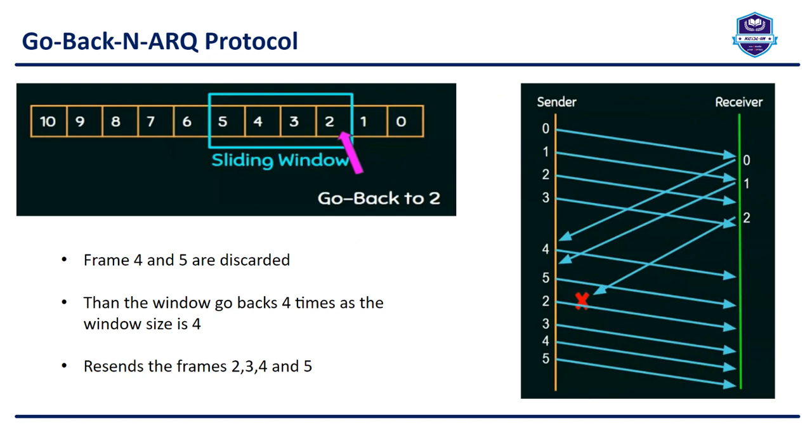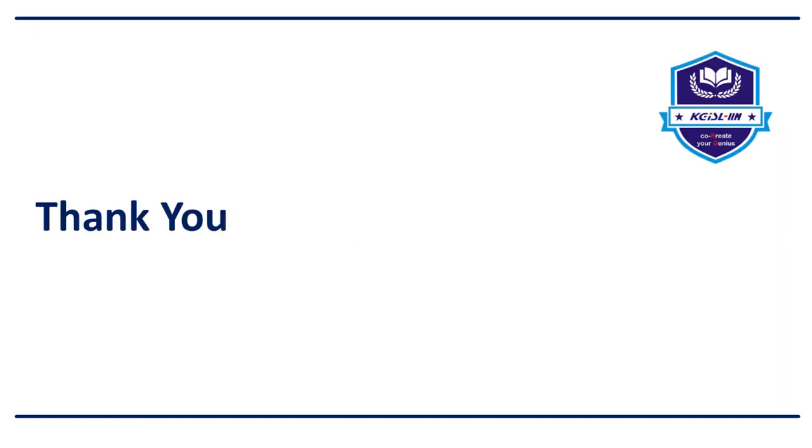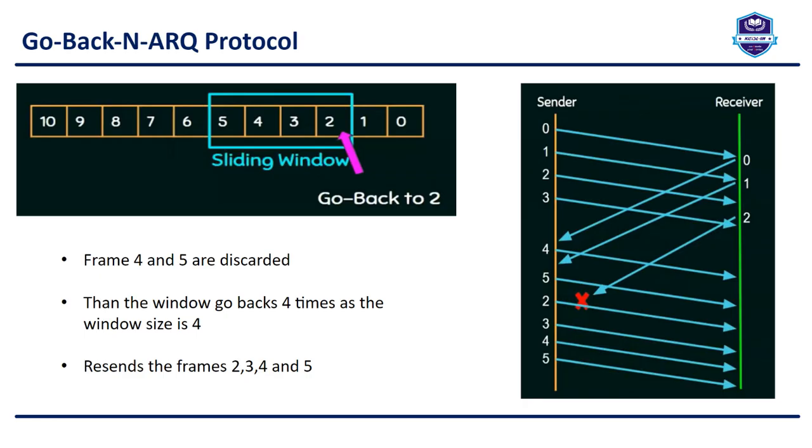Then the window goes back four frames as the window size is 4, that is 2, 3, 4, and 5. Then it resends frames 2, 3, 4, and 5. In that way, the go back N ARQ protocol works.